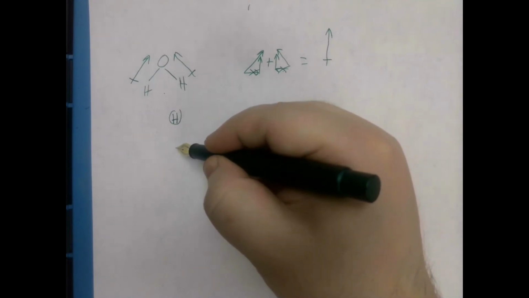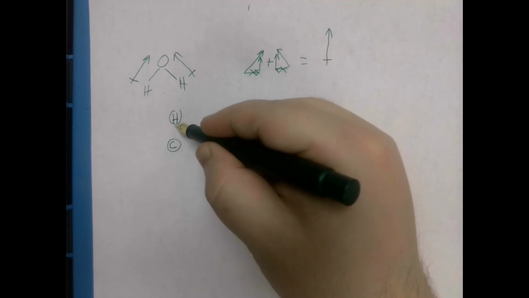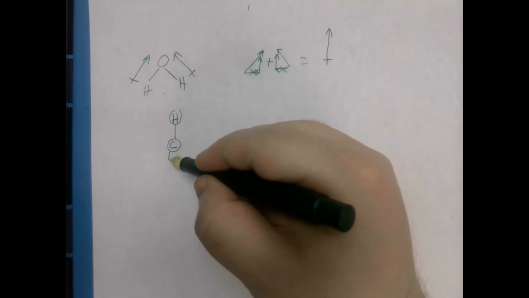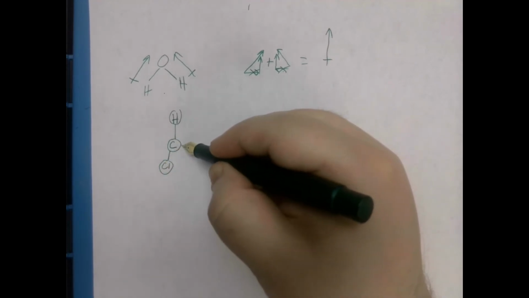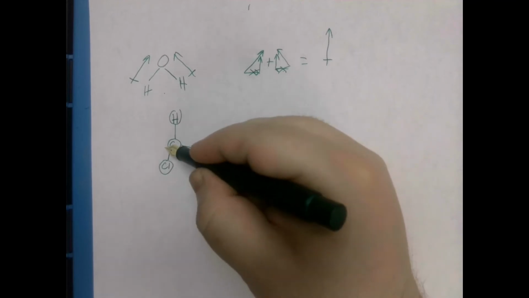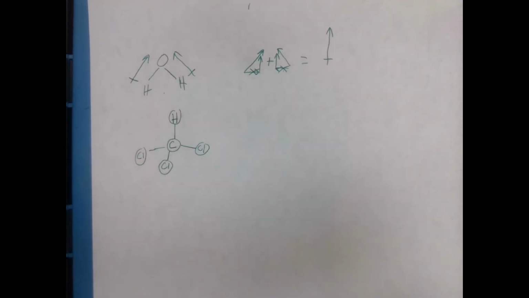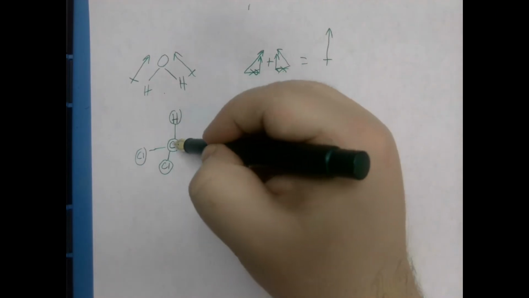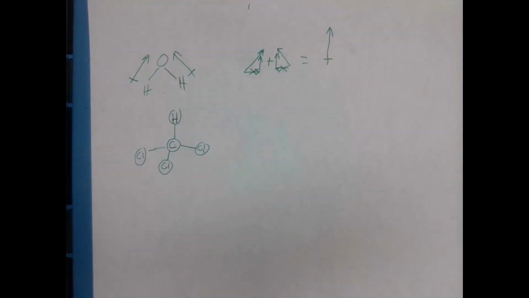So we have carbon in the middle, and then we have chlorine, and chlorine. Looking at hydrogen and carbon, which one would be more positive, which one would be more negative?